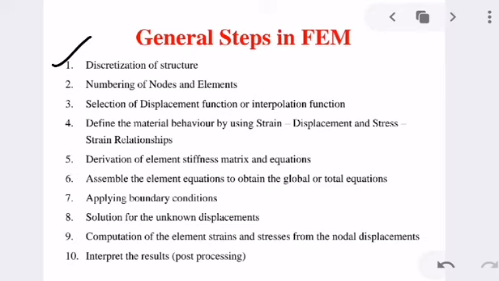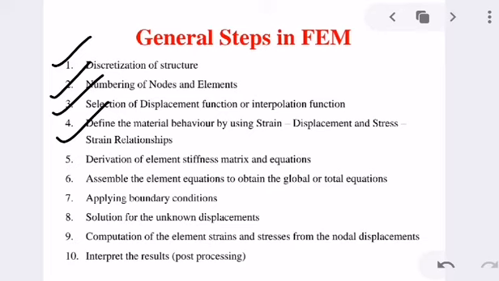So we will divide the structure into small elements, that is called discretization, and after discretization we will number the elements and nodes, and after numbering the nodes and elements a displacement function or interpolation function will be selected, and after the selection of the displacement function, by using the strain displacement relationship and stress strain relationship, we will define the material behavior, and then we will derive elemental stiffness matrices and equations.